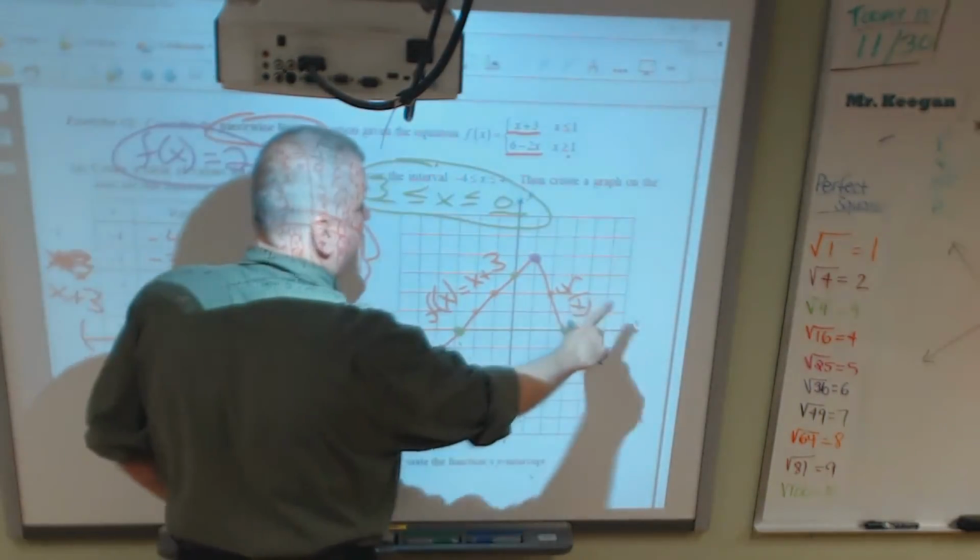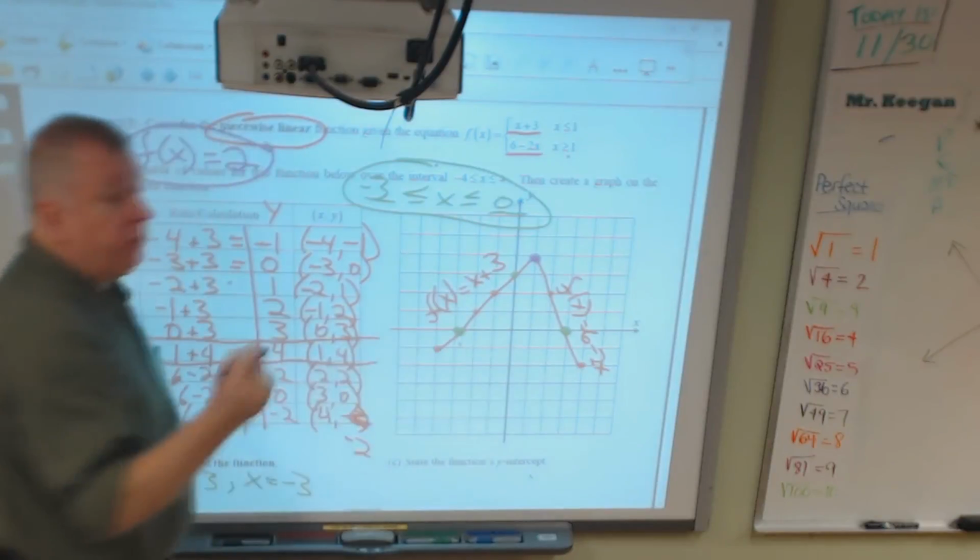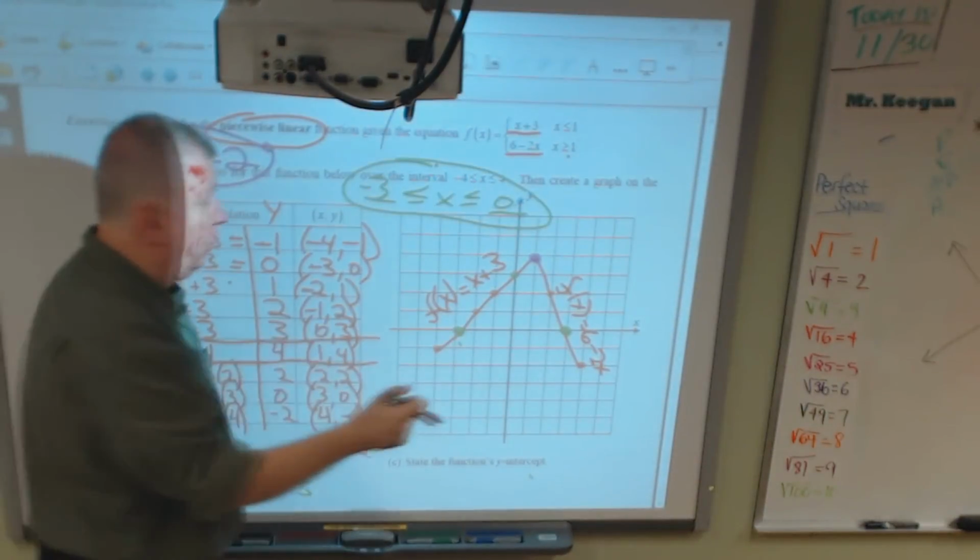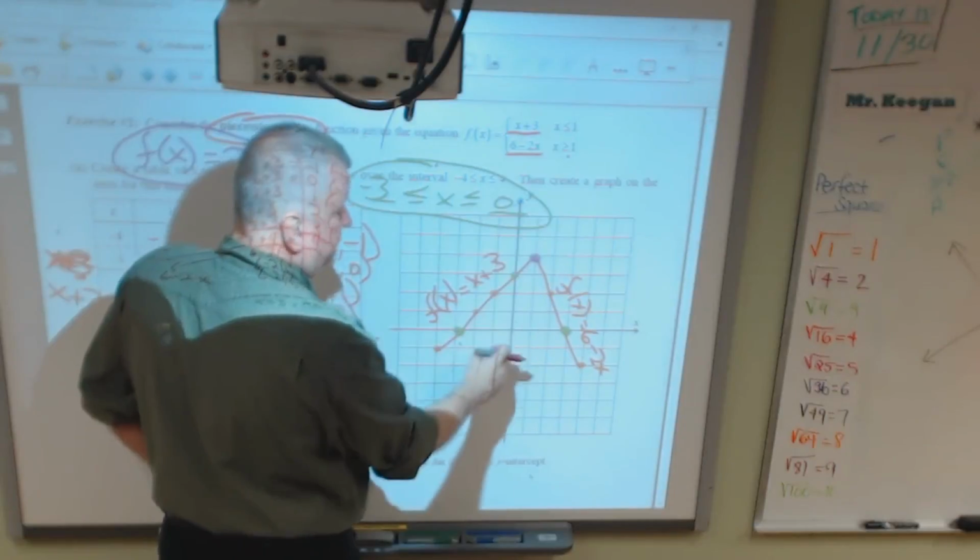So the output is the y, right? The input is always the x, the output's the y. So where does y equal positive 2?